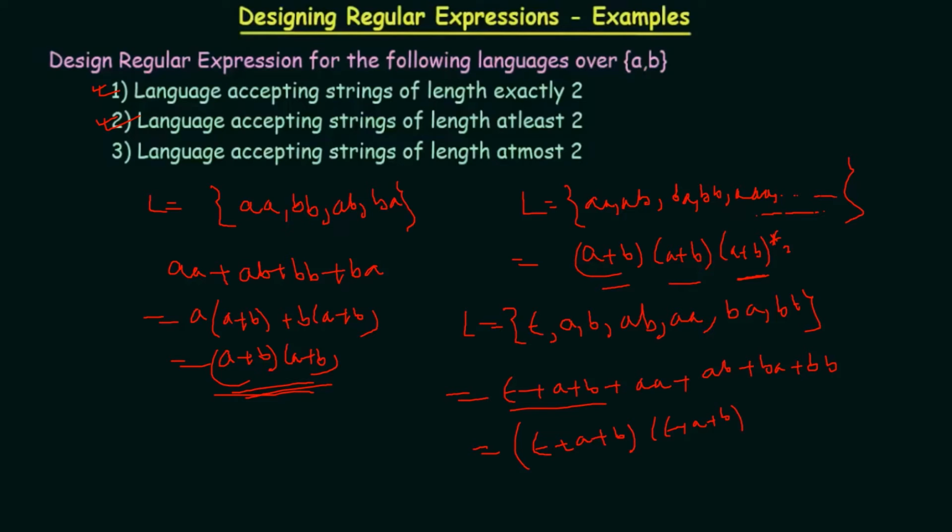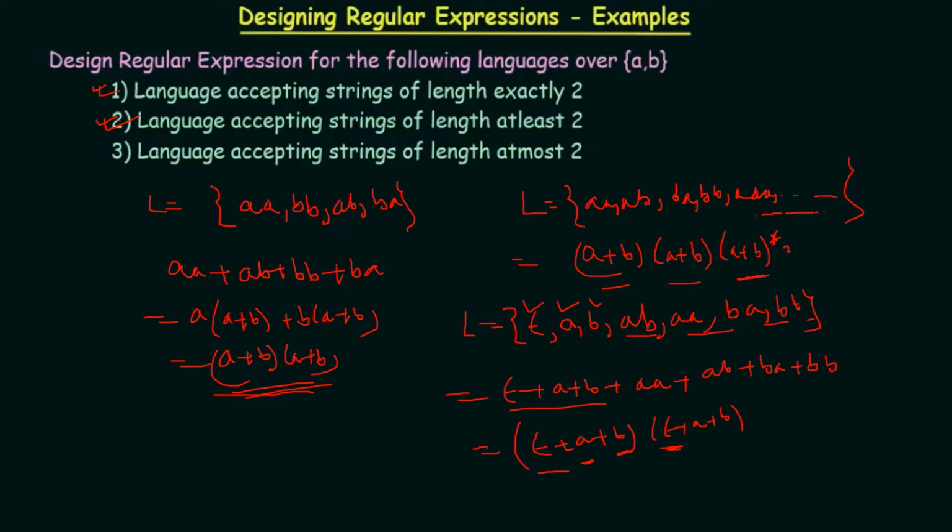Alternatively, if I want to find an epsilon, I can just multiply these two, epsilon and epsilon. If I want to find an A, I can multiply epsilon into A. If I want to find B, I can multiply epsilon into B. And for these three also, we are going to have AA, AB, BA, and BB.